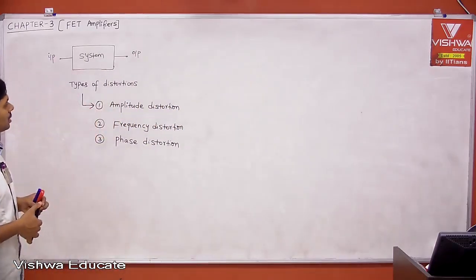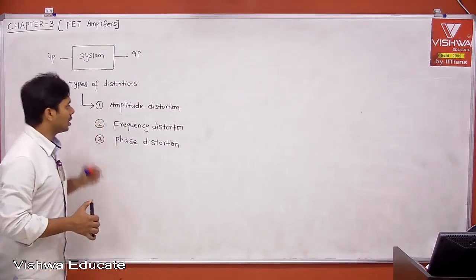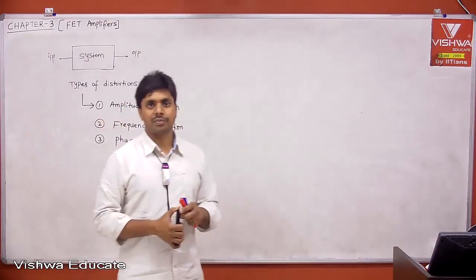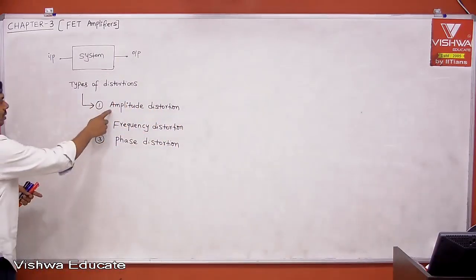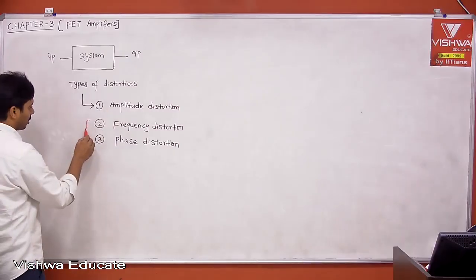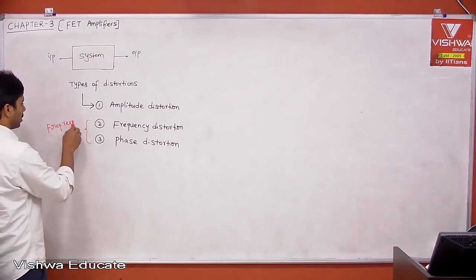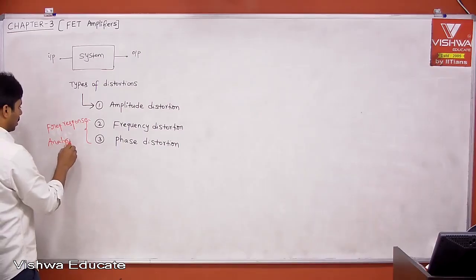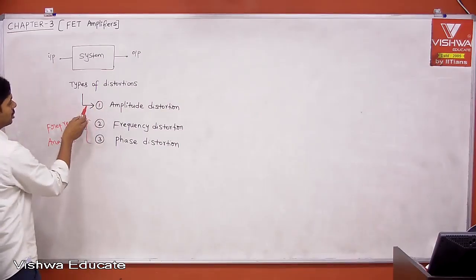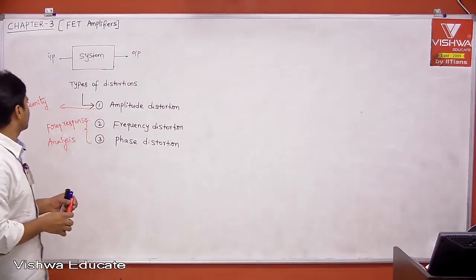Now, what is amplitude distortion? Amplitude distortion is related to system linearity. Take this down, then I'll explain what amplitude distortion is. These two are related to frequency response analysis, and this is related to amplitude distortion, that is, to linearity. Take it.